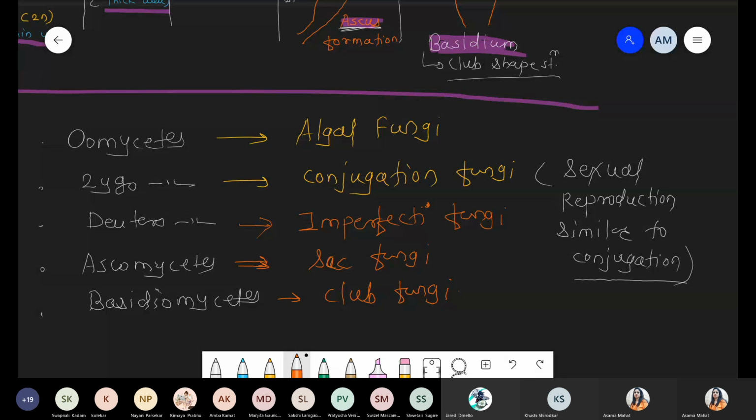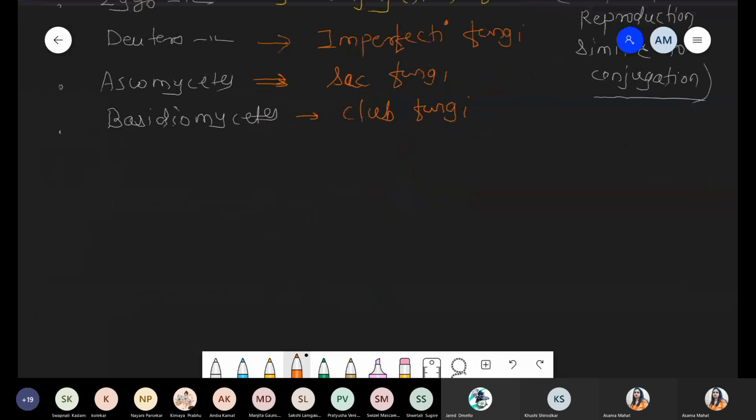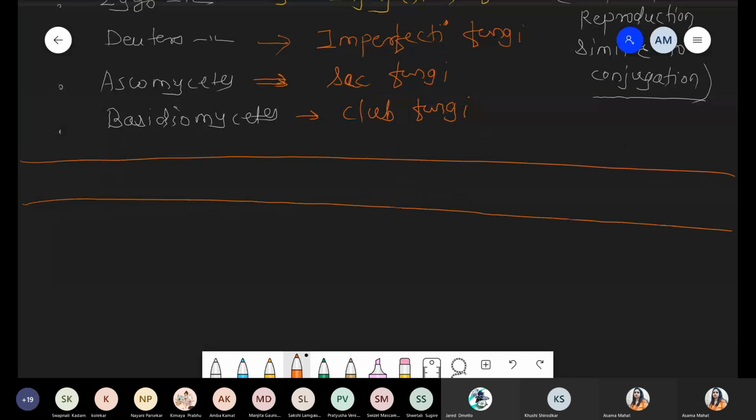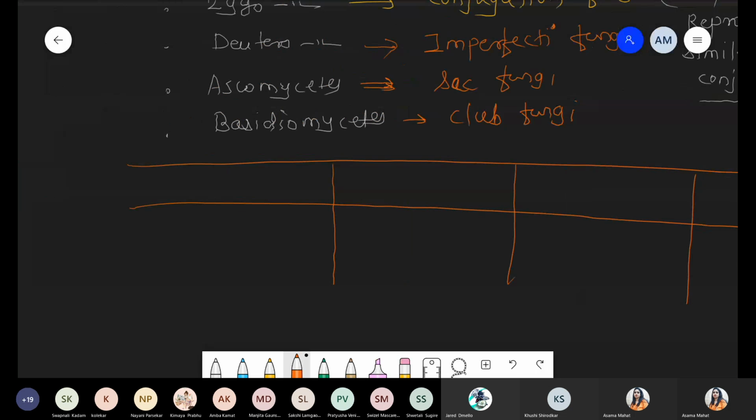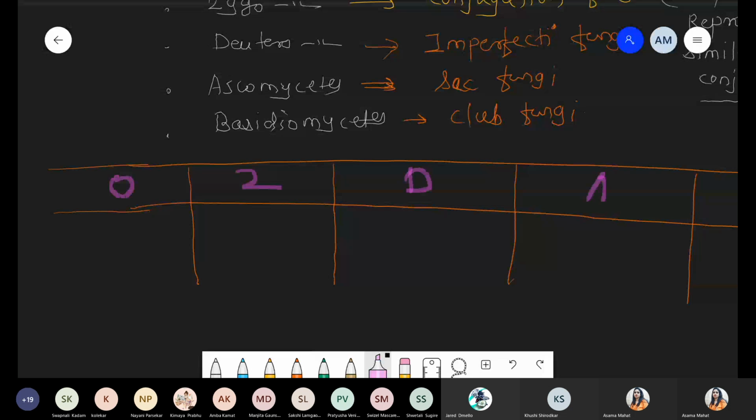Okay, chalo. Last point, we are talking about the fruiting body. Oomycetes, zygomycetes, deuteromycetes, ascomycetes, and basidiomycetes. Continue your chart.